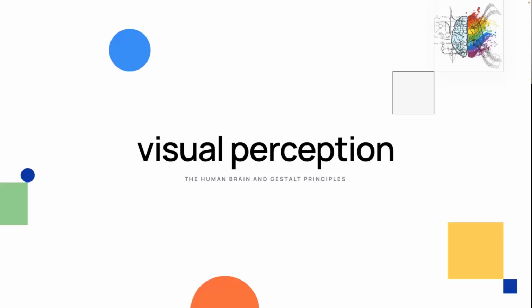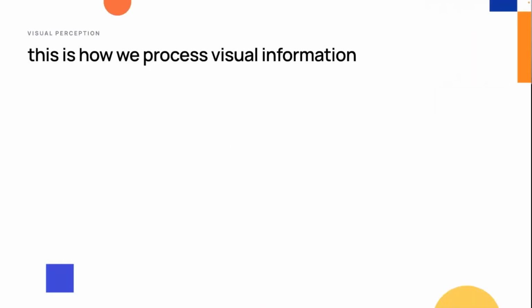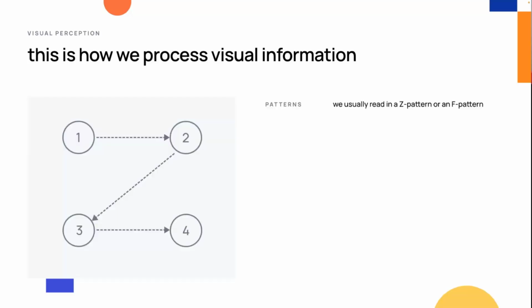However, understanding mental models is just one piece of the puzzle. Now, human brains process information in certain ways, which is also what affects how we process visual information. Take, for example, how we read. Our eyes scan so-called Z or F patterns just because of how our eyes move through the screen.